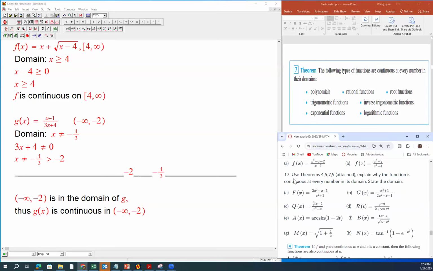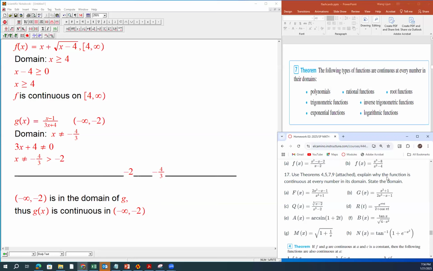And number 17. Okay, this is also in your homework. You're going to do them in a similar way to the previous examples. For example, capital F, the first question. It's a rational function, the domain is all real numbers, therefore it's continuous on the entire number line.